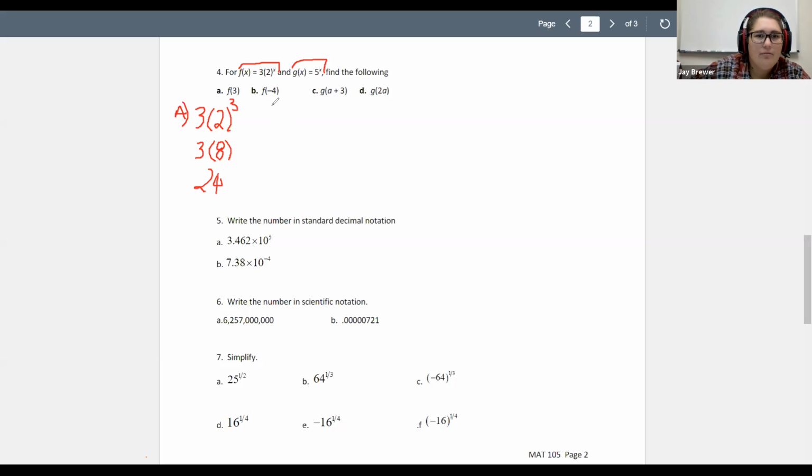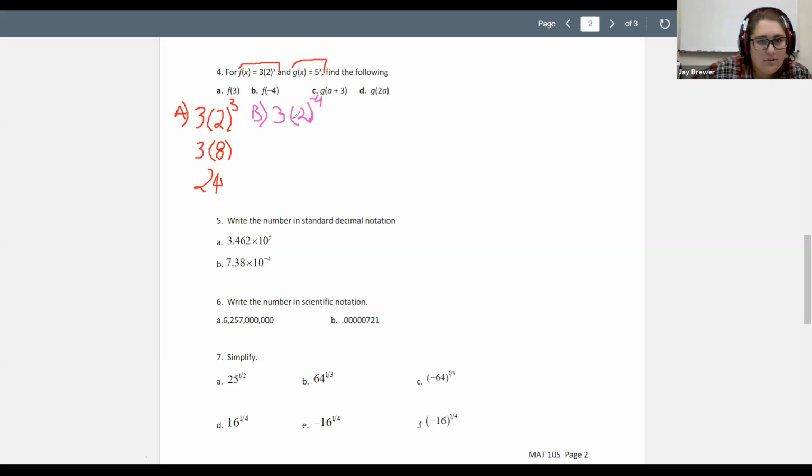F of negative 4, I guess in this case we will write different colors for each letter. Okay, f of negative 4 is just going to be 3 times 2 raised to the negative 4th. Now, those parentheses are important because that negative 4 is only with the 2.